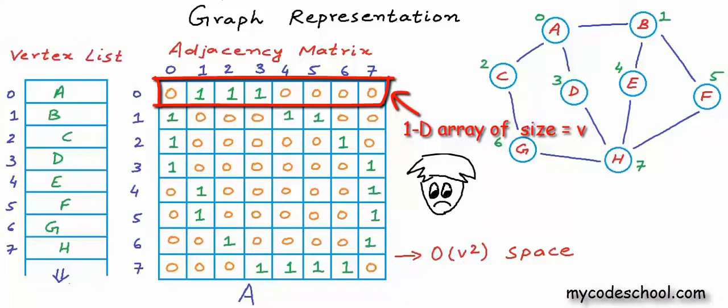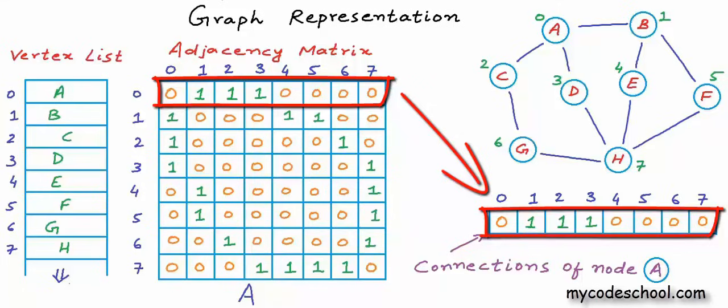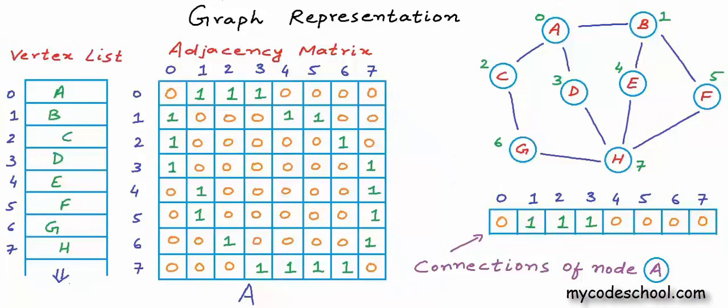And what exactly are we storing in a row? Let's just look at this first row in which we are storing connections of node A. This two-dimensional matrix or array that we have here is basically an array of one-dimensional arrays. So each row has to be a one-dimensional array. So how are we storing the connections of node A in these 8 cells in this one-dimensional array of size 8?